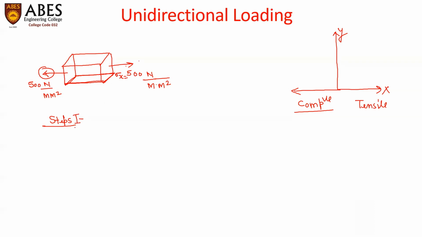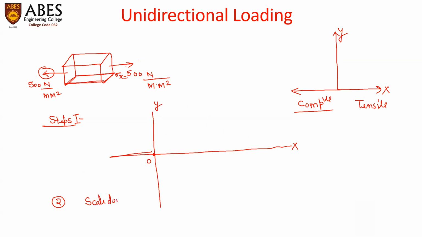Number one, draw a simple xy axis orientation having origin at O. Step number two, scale down or up the given stress, which in this case is sigma x equal to 500 Newton per mm square, into a suitable scale as per the size of your paper.